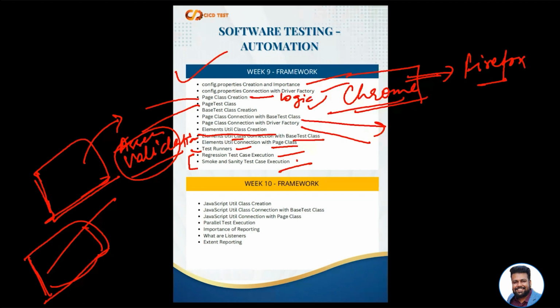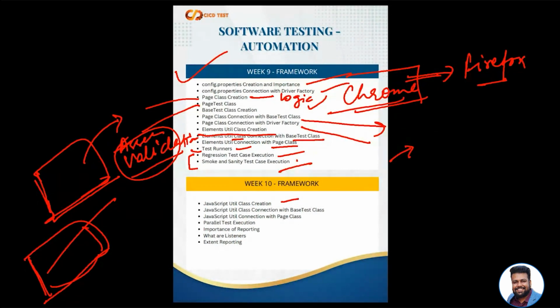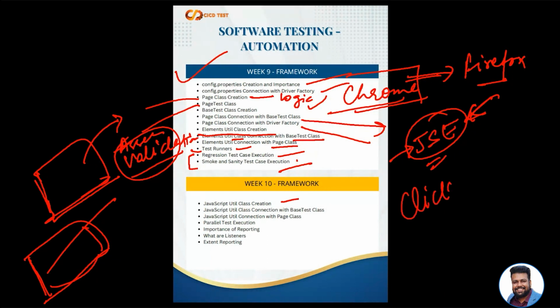Then JavaScript utilities. There is one method which is JavaScript executor. We are going to import this. Why are we going to do this? Because Selenium has given us a way to click, and then we have seen our Actions class, wherein we also have click and send keys options.